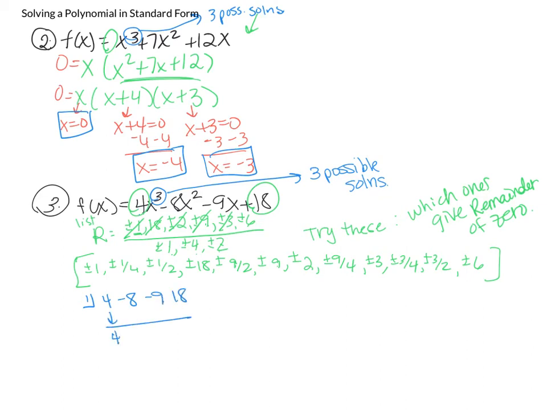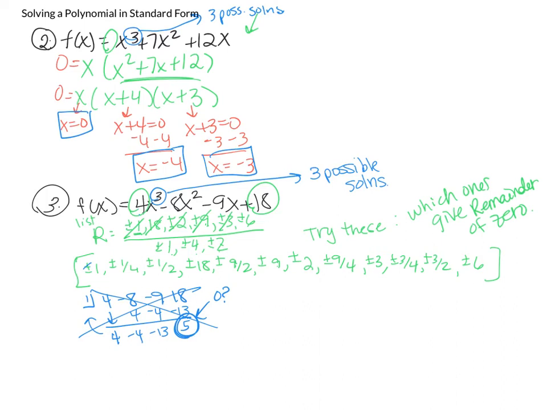And remember, all I really care about is this last number, and I'm looking for 0. So the question is, is that going to be 0? So I'm going to multiply and add. Multiply and add. Multiply and add. Nope, this one does not work. So I could cross positive 1 off of my list, right? I'm going to continue to do this until I find 3 answers that work, all right?